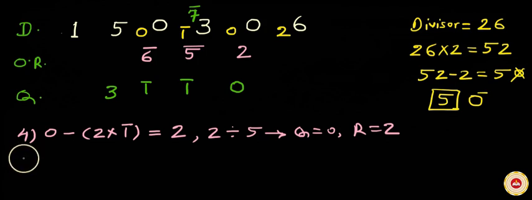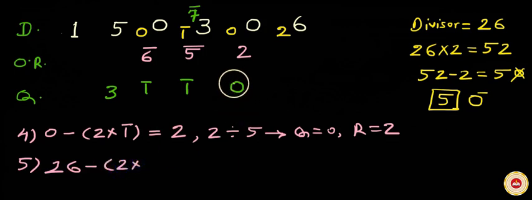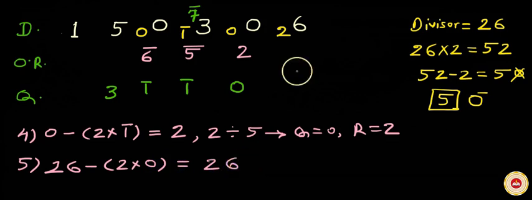Step number 5, we are going to calculate last osculation number, that means last osculation result. 26 minus what? 2 times last quotient digit, which is 0 here, which gives us 26. Now write this 26 below dividend 26.